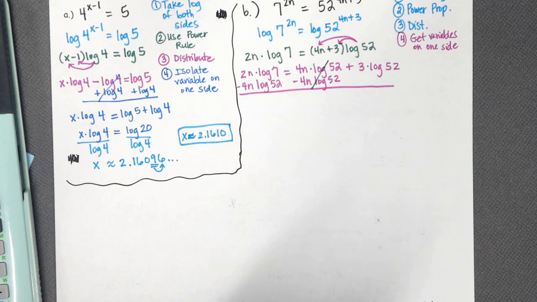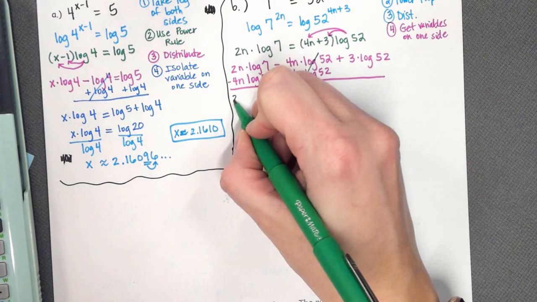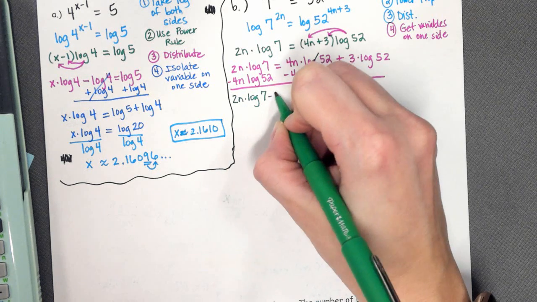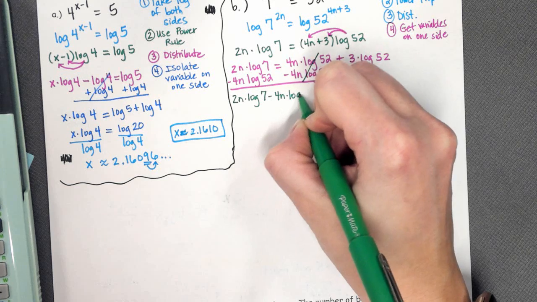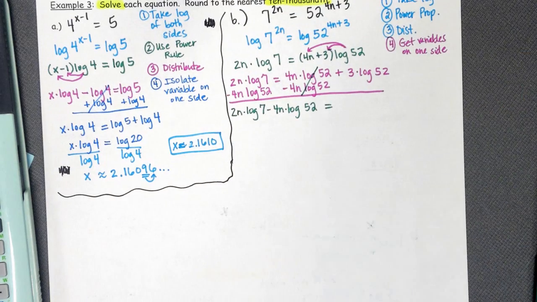Now on this side, we're going to write this out, and then in the next one I'll show you a shortcut. And write what you have on that side.